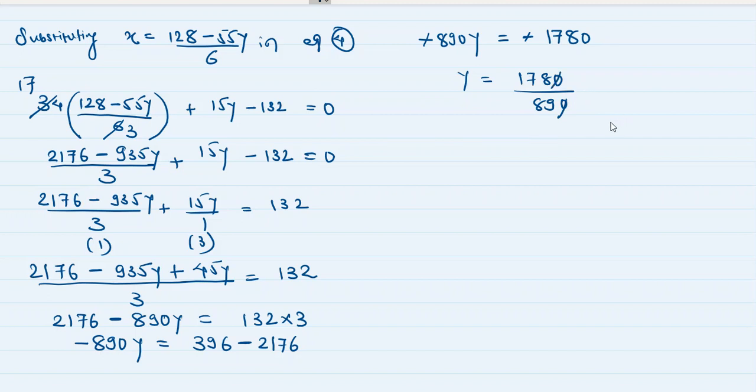Okay, 0 cuts. I think 89 twos is 178. Yes, 89 twos is 178. So this is going to get cut and you're going to get the value of y as 2. So this is one of the values which you got after so much hard work. Value of y as 2.